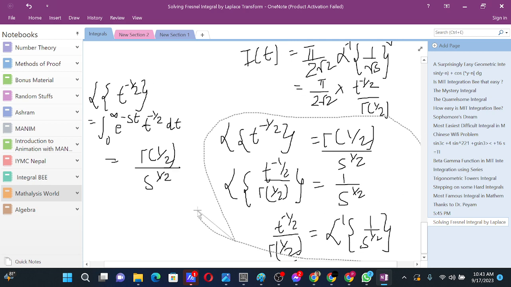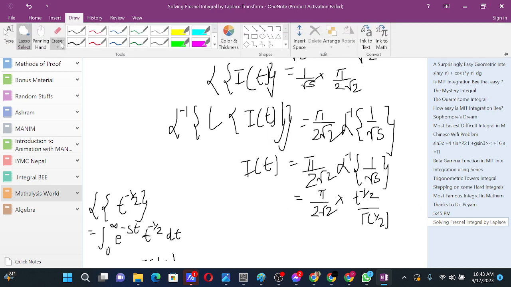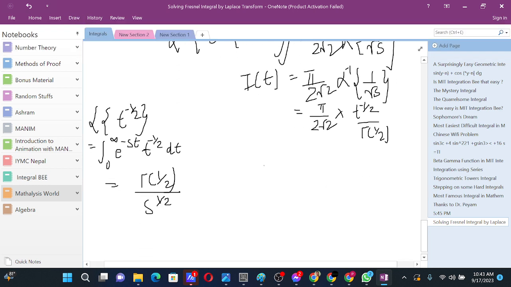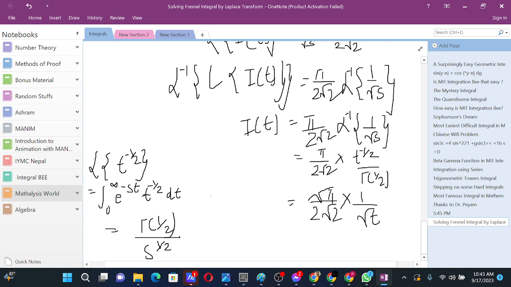It's really pretty long. Since I've tried to grab all the expressions, the video got a bit long. Now, gamma of 1 by 2 is just root pi, so we get root pi over 2 root 2 times 1 by root t. So that's the integral I of t.